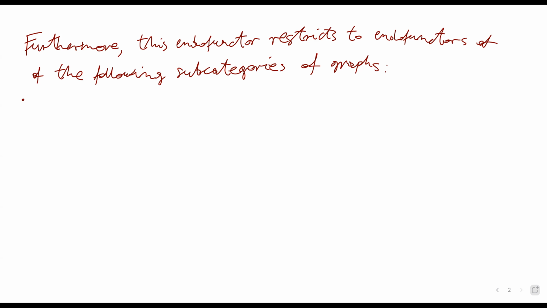So first, PTG. So proper path homomorphisms. So morphisms are proper path homomorphisms.